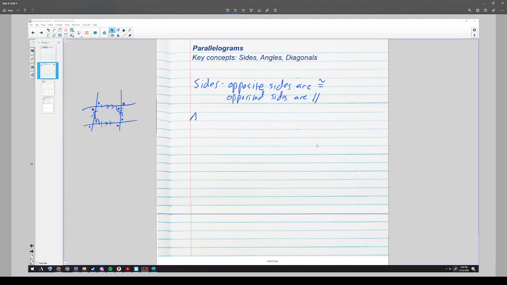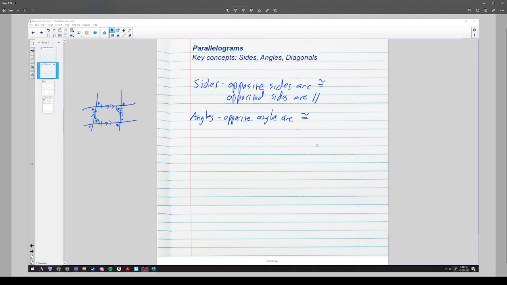So let's talk about angles. We know from transversal rules that our non-consecutive angles, which I'm going to call opposite angles since there's only 4 of them, are congruent because we can take a step of corresponding and then alternate interior. There's a number of ways we could get there, but we know those two are the same.